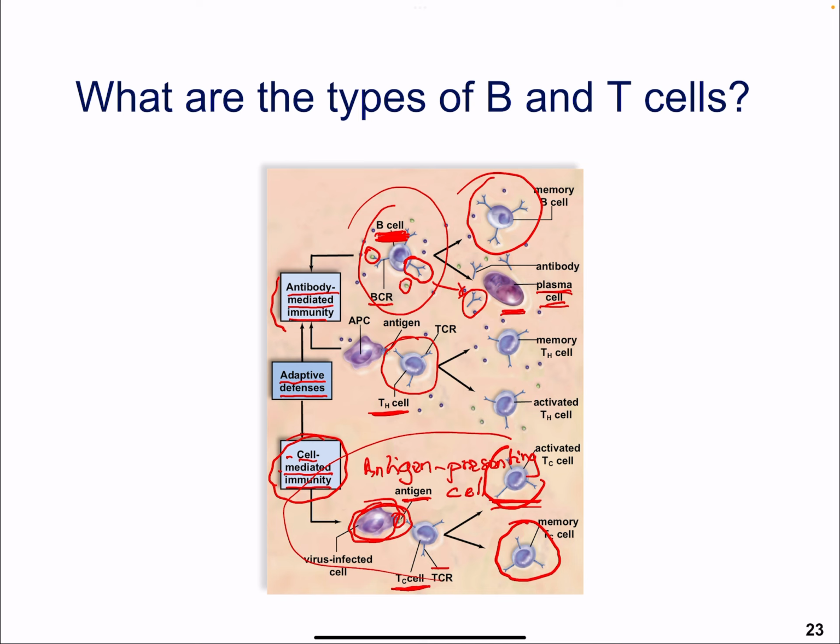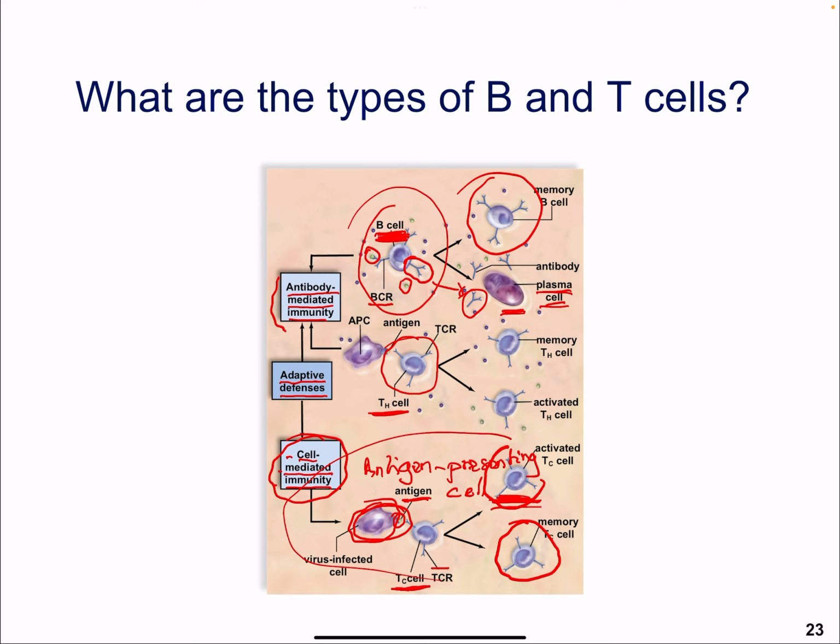The helper T cells are also the ones that are activating the cytotoxic T cells so that they become cytotoxic. We found that this is not going to happen, right? The clonal expansion is not going to happen.